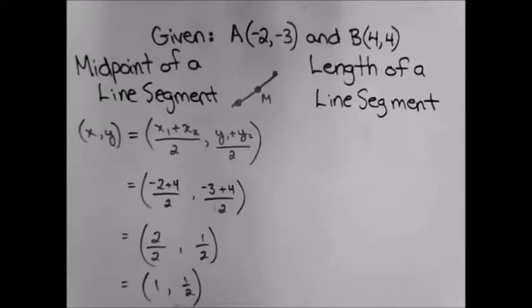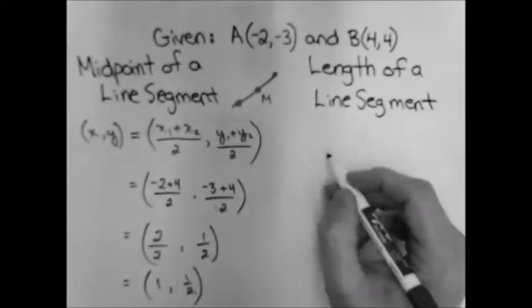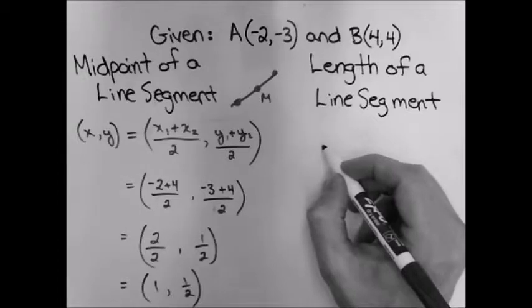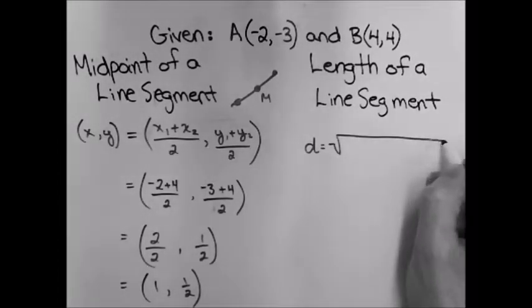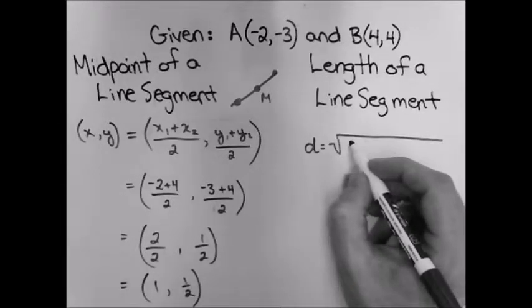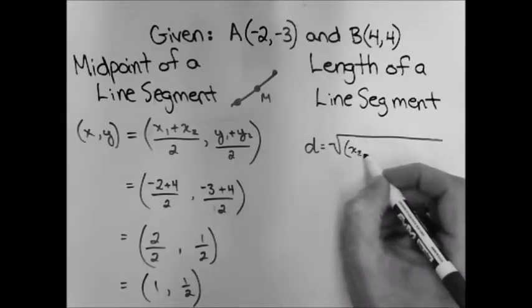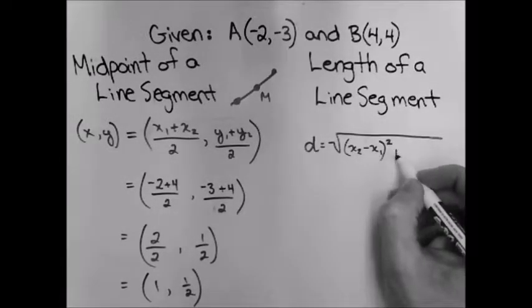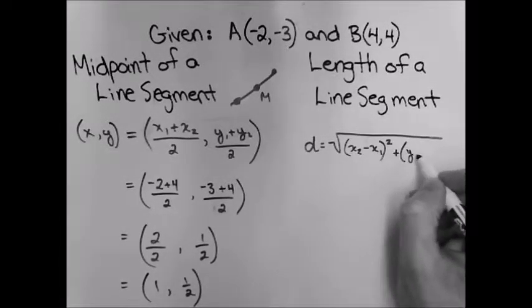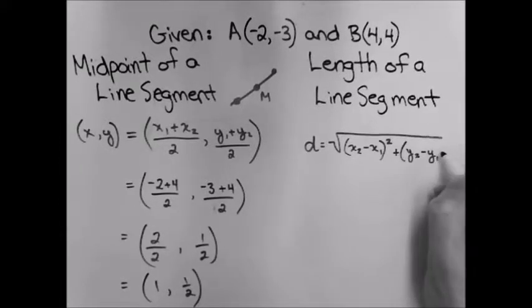Looking at the formula for the length of the line segment, we have that distance, d, equals the square root of the change in x, that's x2 minus x1 squared, plus the change in y, that's y2 minus y1 squared.